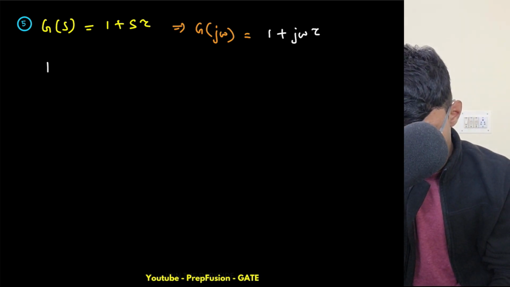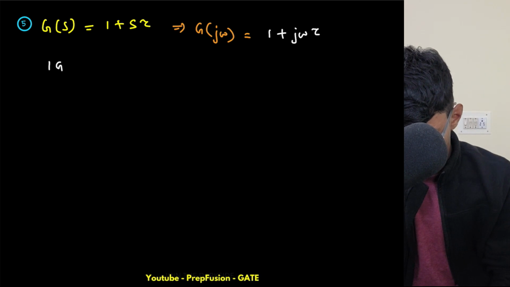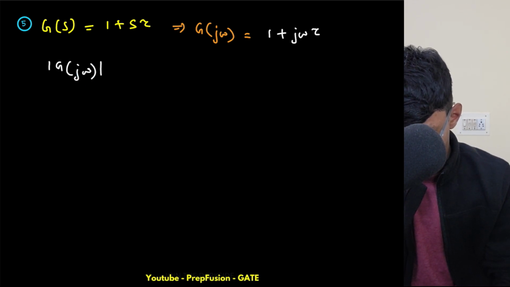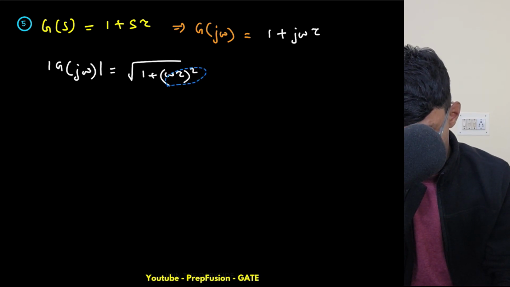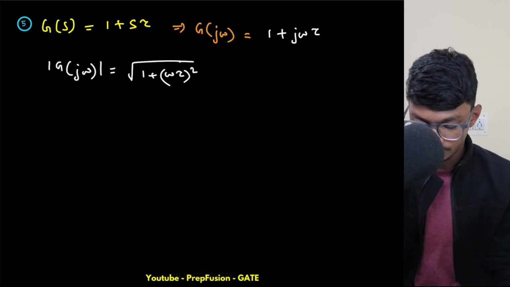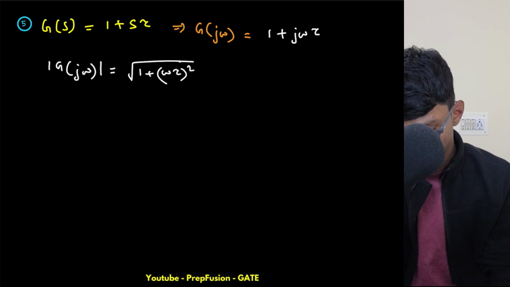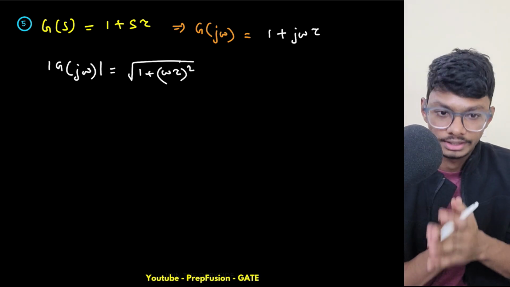The magnitude function will be 1 plus omega tau whole square. Okay, this is my magnitude function basically.